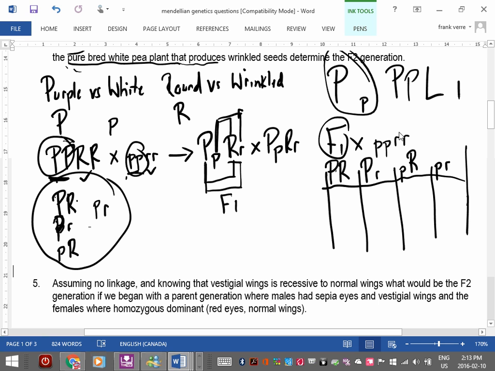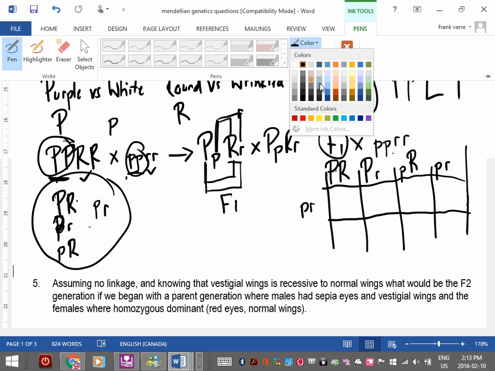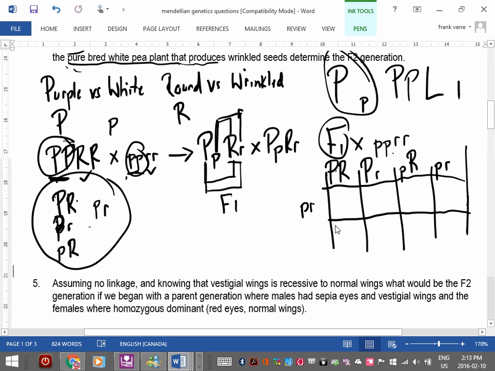If you look at the white wrinkled, how many possibilities are there? Well, there's only one, because you're only going to get a little p with a little r. There's only little p and little r to be donated. So you don't need to do a 4x4 grid here. A 4x1 is fine.